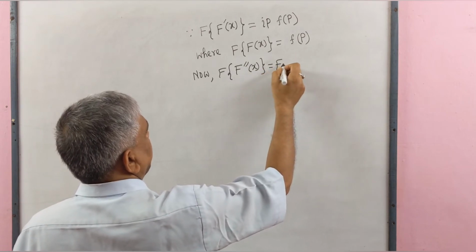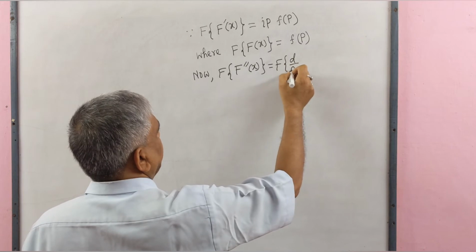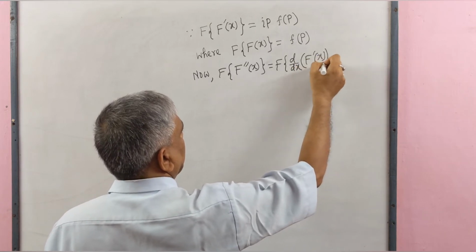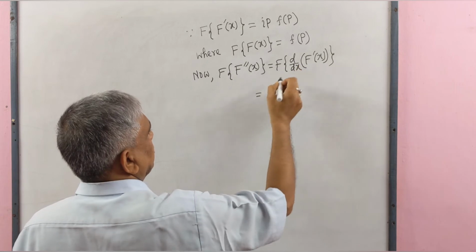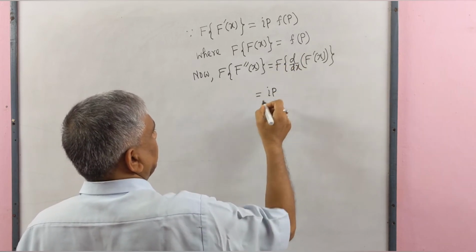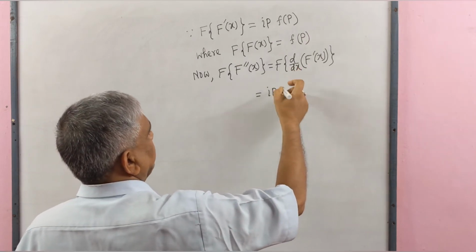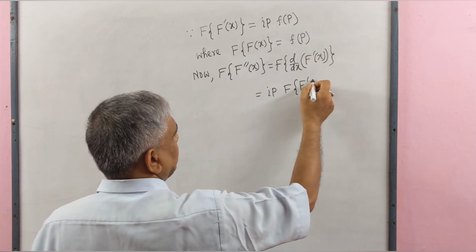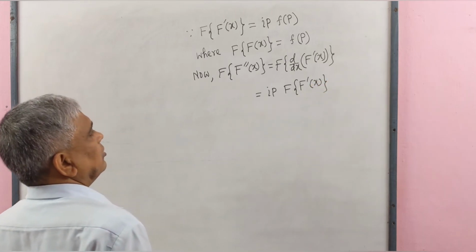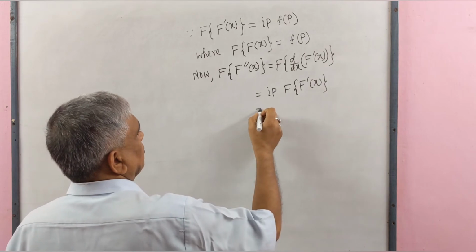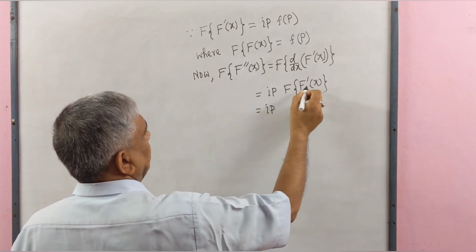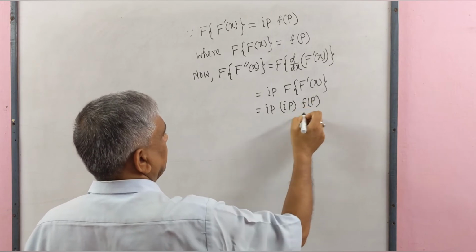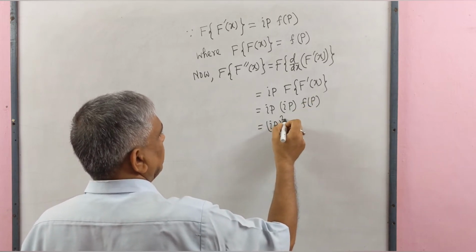This means the Fourier transformation of d by dx of f dash x, equal to ip, and then the Fourier transformation of f dash x, this equals ip, and this means ip F(p), equal to ip whole square F(p).